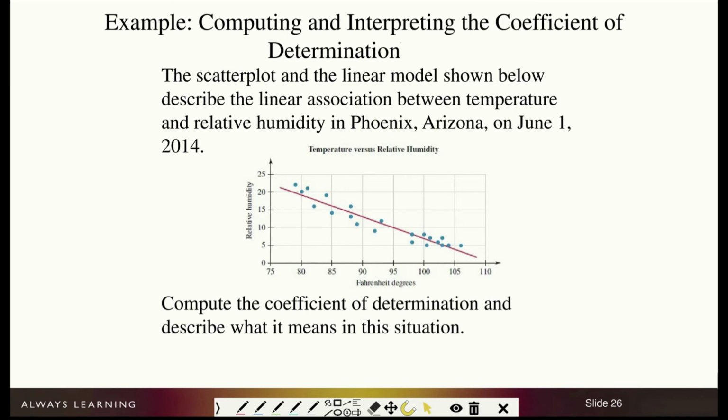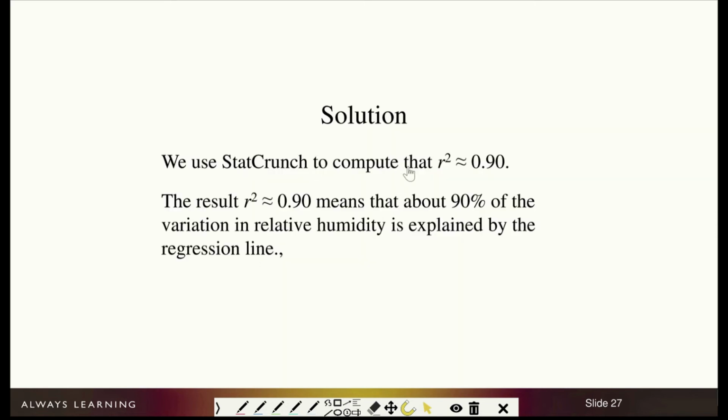Now let's take a look at the values of R and R squared. It turns out that in this case, R squared was around 0.90. What does that mean? That means about 90% of the variation in relative humidity is explained by the regression line.